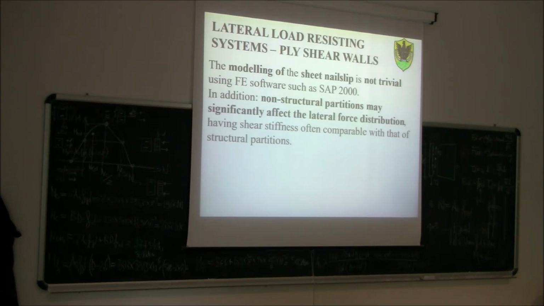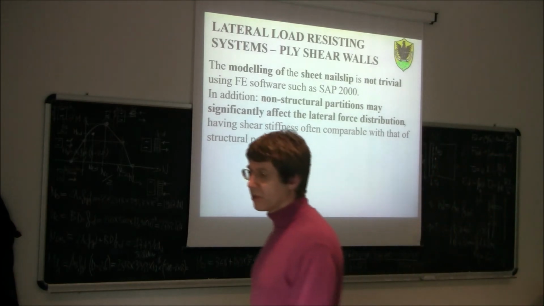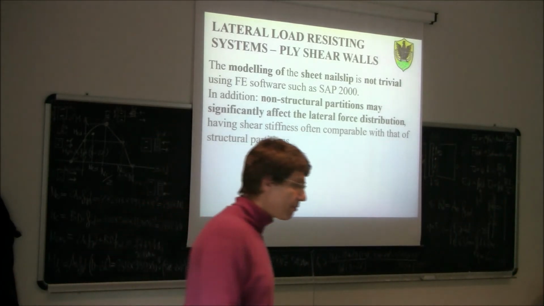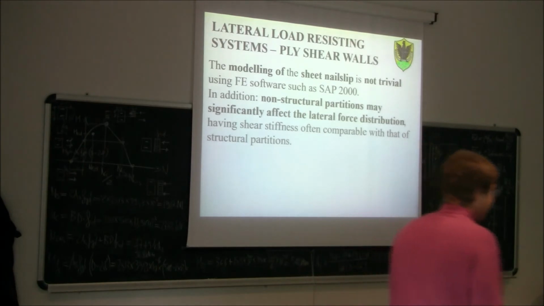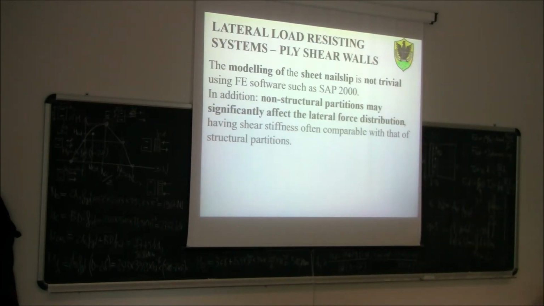Furthermore, I have to tell you another important thing: in a building made of light frame, made of timber, usually you have also some partitions inside. So non-structural partitions, for example, some partitions made of gypsum plasterboard, are usually neglected if we have a reinforced concrete construction, because the stiffness is much lower compared to the stiffness of the reinforced concrete frame.